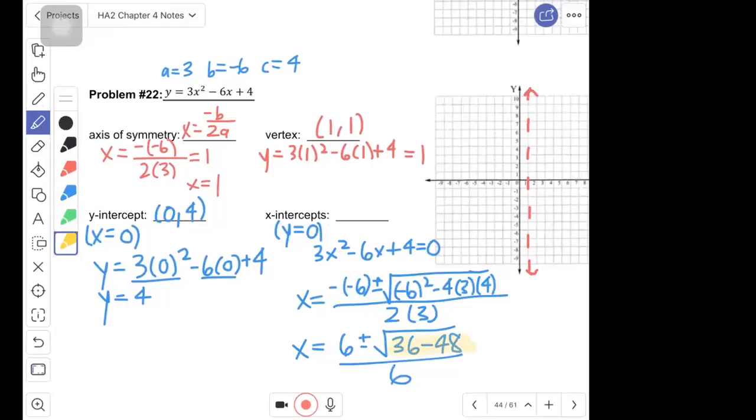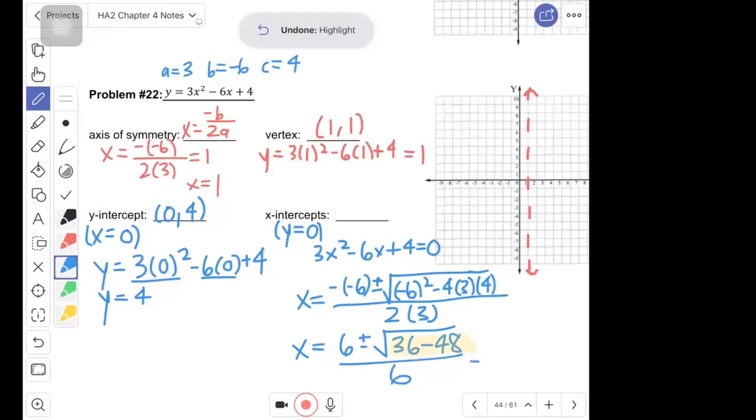When we have a negative under the square root, we know we have an imaginary number. This is imaginary.